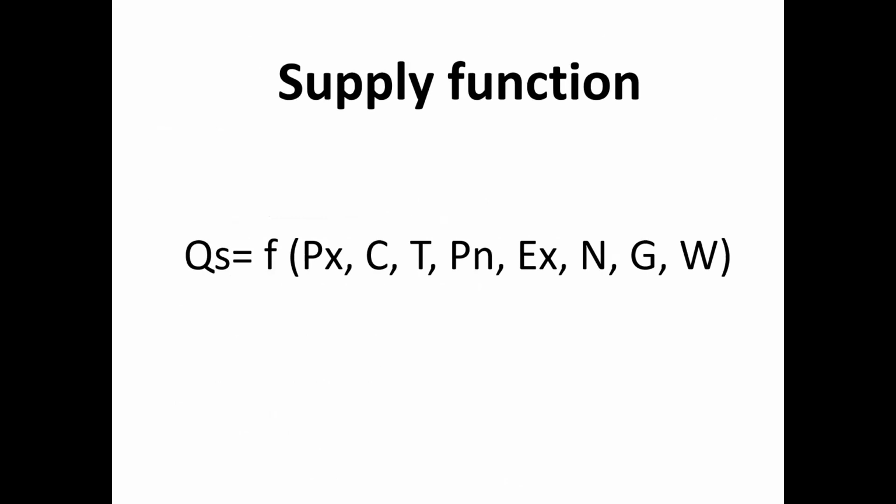Px means price of the considerable commodity. C means cost of inputs. T, technology. Pn, price of other related commodities. Ex, organization expectation or business expectation. N, number of organizations. G, government policies.